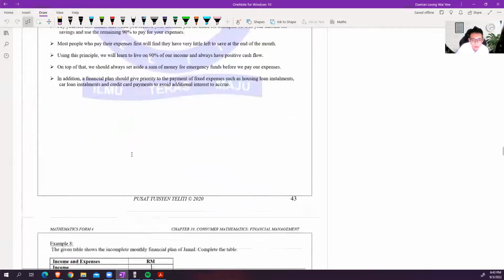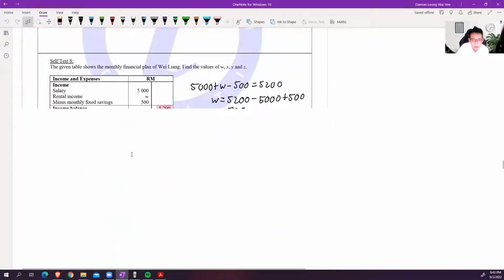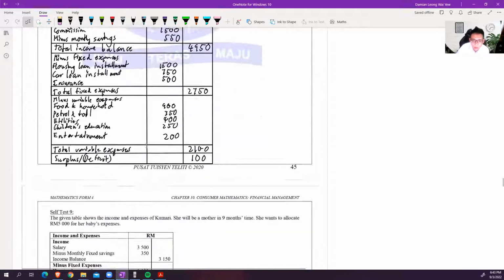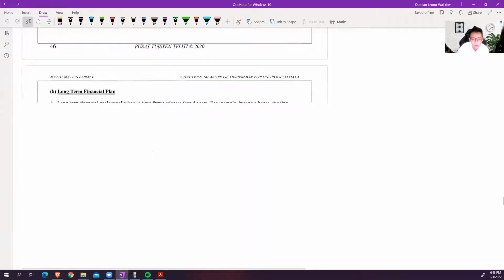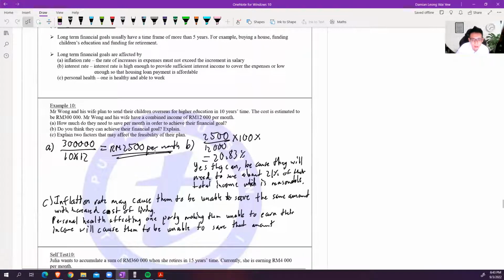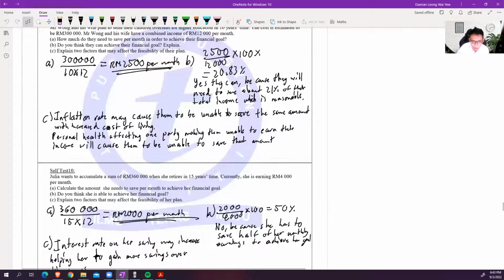Evaluating whether it's feasible or not should also be quite logical. Then long-term financial plans. If you want to see whether it's possible or not, basically just see if the amount that needs to be saved per month is possible or not. Just divide the total amount that needs to be saved by the number of months.